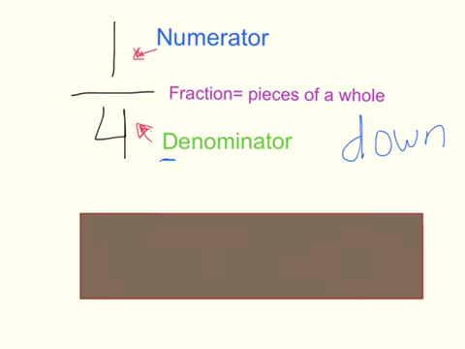So now that we know what these parts are called, let's talk about what that actually looks like. When we have a fractional part, what does that actually look like? So if I gave you a question, like for Halloween, Zoe got an entire chocolate bar, like a whole chocolate bar, not a mini size, a whole chocolate bar.